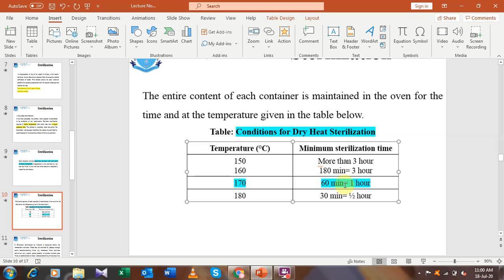So you can note that the temperature increase is inversely proportional to the minimum sterilization time. The time will be lessened if the temperature is increased. If the temperature is decreased, the time will be more, or prolonged, for sterilization. These are the conditions for dry heat sterilization.